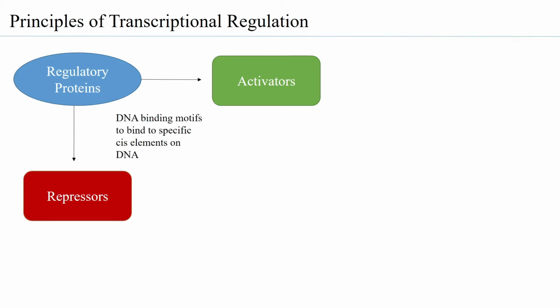So for example, there can be helix turn helix, or they can have zinc fingers, or they can have talons. So these are certain motifs that are present in these proteins that can interact with specific sequences in the DNA. And those specific sequences in the DNA are the cis elements, and these activators and repressors are the trans elements.